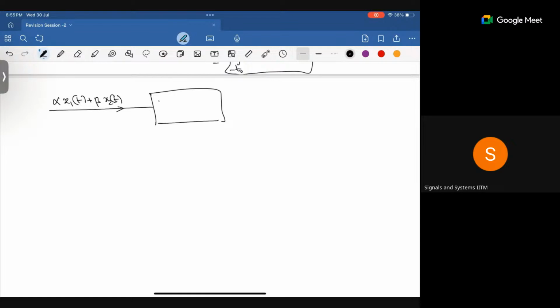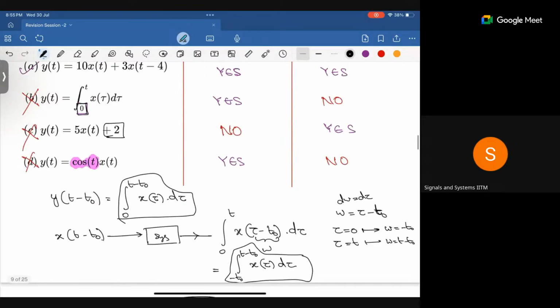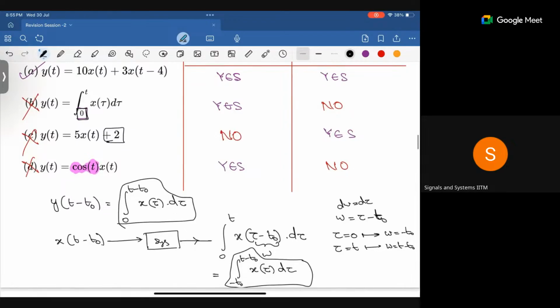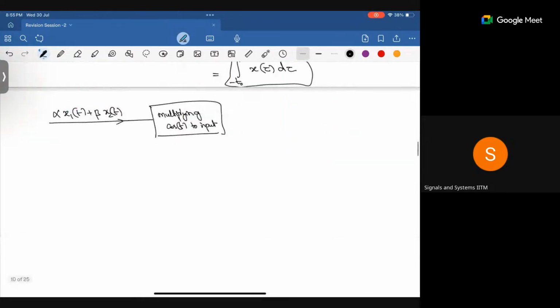The system is multiplying cos t to the input. That is what the system is doing, right? So you take the input, multiply cos t, that will be your output. Therefore, the output will be cos t multiplied with alpha x1 of t plus beta x2 of t.